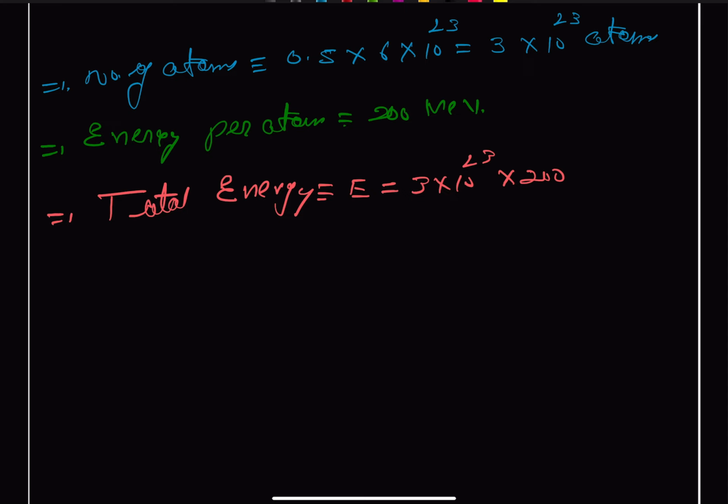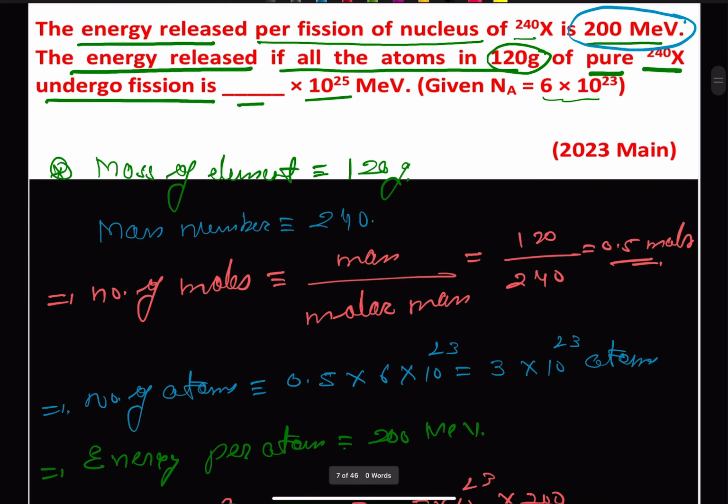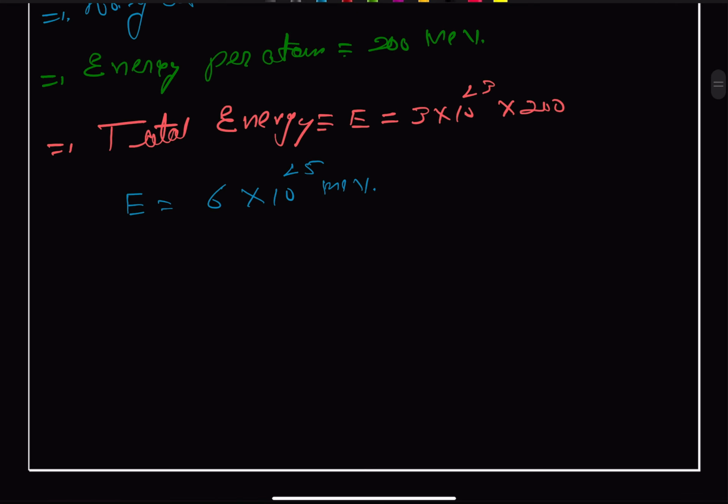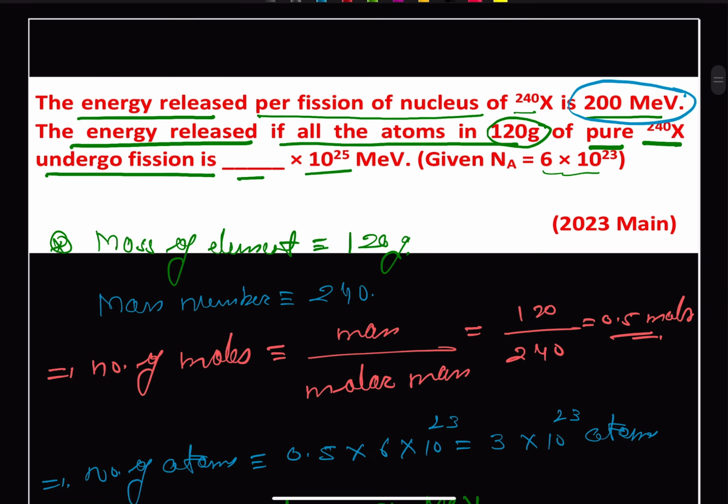Therefore we get E equal to 6 into 10 to the power 25 mega electron volt. We are asked for dash into 10 to the power 25 mega electron volt, which gives us that the answer will be 6. So this comes as 6 into 10 to the power 25 mega electron volt.